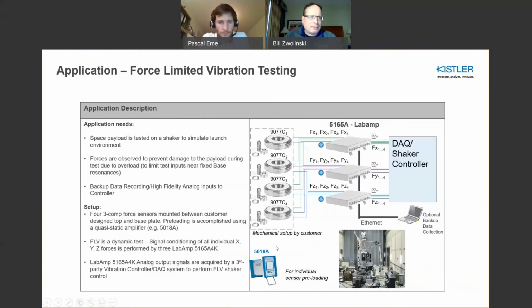And then lastly, I just want to go over a typical scenario here where you might have these 90 piezoelectric force sensors, and I introduced a LabAmp, which is a dynamic charge amplifier.